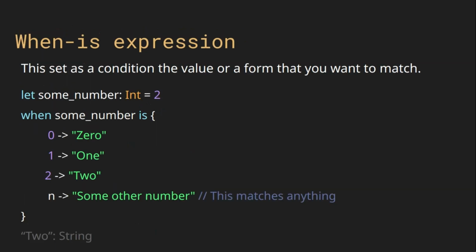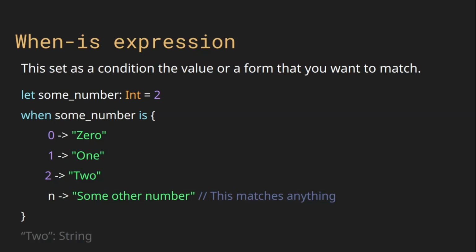A second way to handle the logic of your program is with the when is expression. Here, you don't set as a condition a truth value, rather you set as a condition the specific value or the specific form that you want to match.